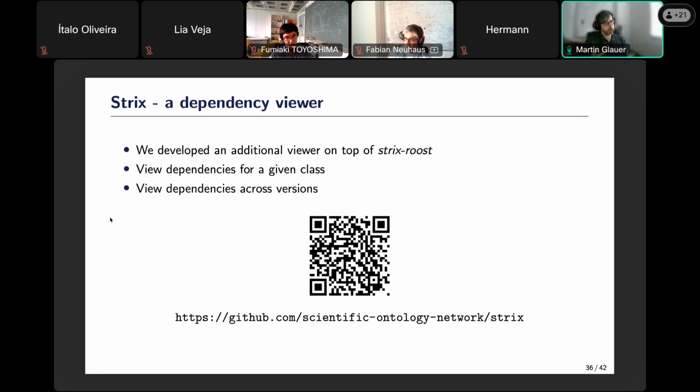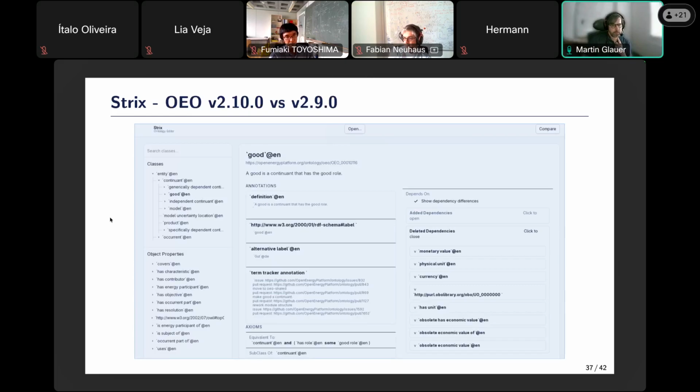But you can also look at different versions of your ontology. If you supply two different versions, it will create this diff of dependencies for you. Again, also open source. Next slide. Next slide should be a very blue screenshot for some reason.